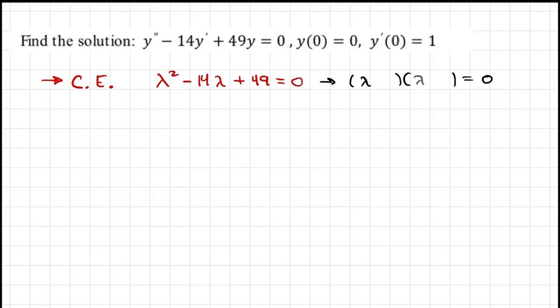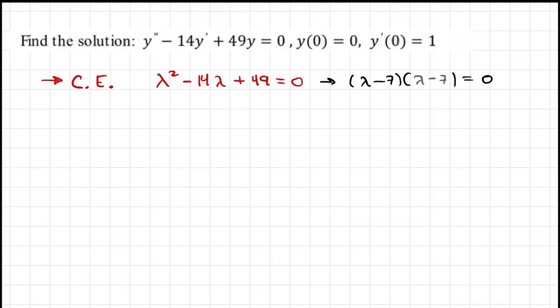Since that's negative and positive, both numbers are going to be negative. And the only one I can think of is 7 and 7. So negative 7 times negative 7 gives me positive 49. Negative 7 plus negative 7 does give me negative 14.